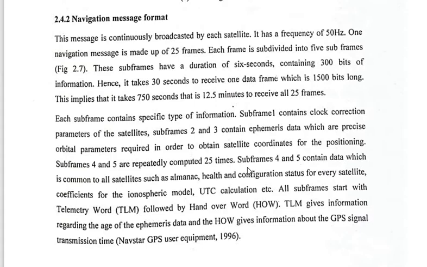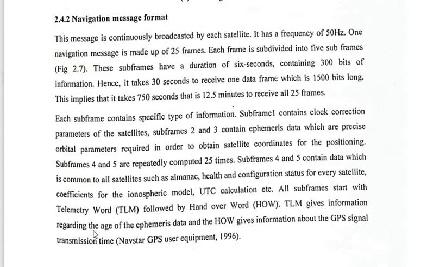All these subframes will start with the telemetry word followed by the handover word. These are the 2 words which will be present in your subframes. The telemetry word gives the information regarding the age of the Ephemeris data, like how old your data is, whether it is 4 weeks, 5 weeks, 1 week, 4 days or 2 days.